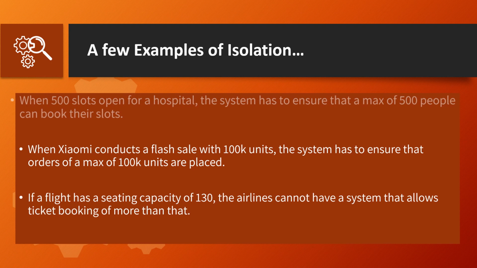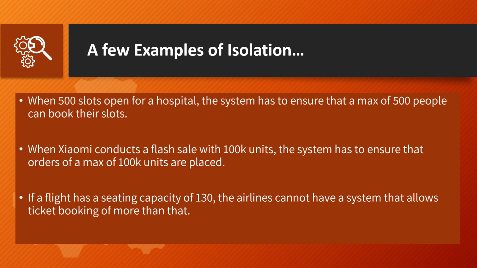So let's take a few examples. When 500 slots are available in a hospital's online booking system, a maximum of 500 people can book their slots. When a mobile company has a fresh sale of X amount of units, they have to ensure that orders do not exceed the X amount they have taken, say 1000k units.